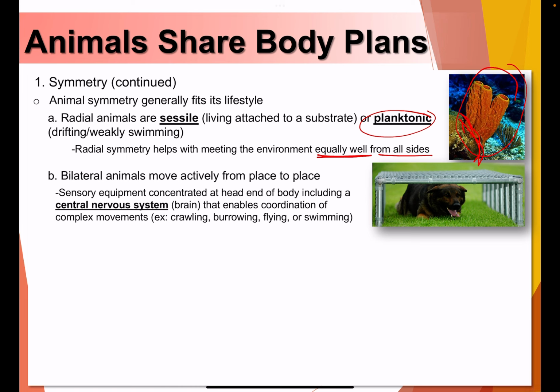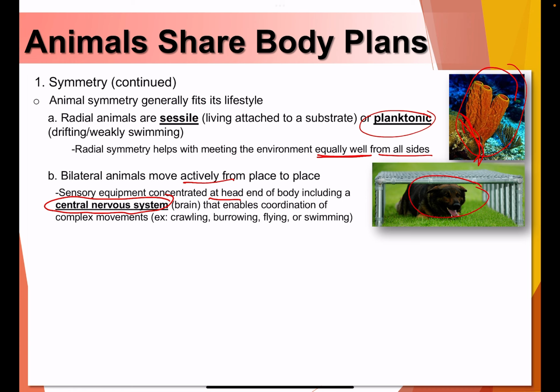Now, bilateral animals usually move actively from place to place. So sensory equipment is concentrated at the head end of the body, and it usually includes a central nervous system. The central nervous system, your brain and spinal cord, enables coordination of complex movement, because bilateral animals have much more complex movement compared to radial symmetry animals.